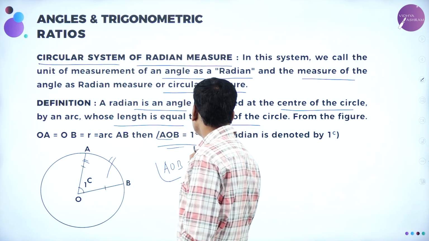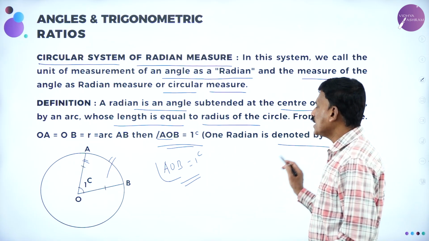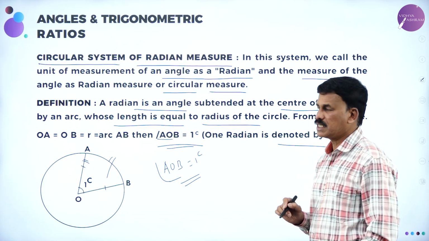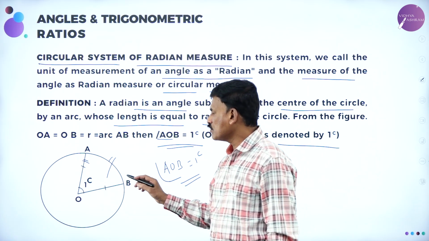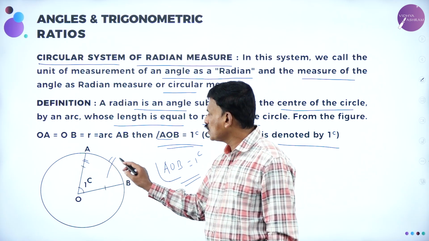Angle AOB is equal to 1 radian, or 1 circular measure, denoted as 1C. So, 1 radian means an angle subtended at the center of a circle by an arc equal to the radius.